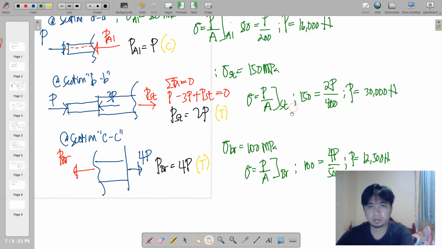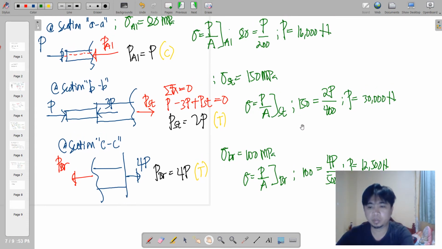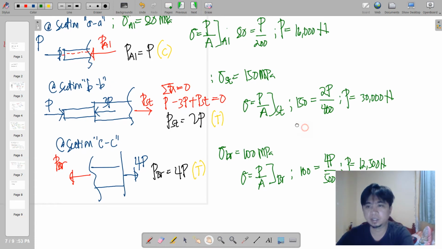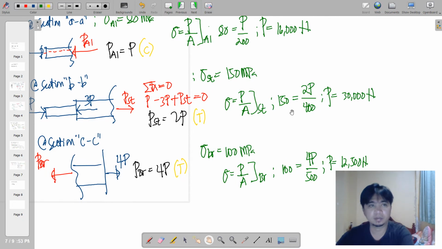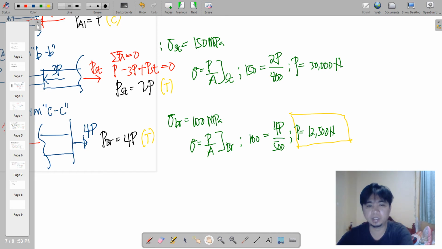So each of the allowables would give us a value for P, but the most safe value for P is the lowest among these values, and the lowest among these values is equal to 12,500 Newton. And this will be the maximum value of P considering those allowable of the material.